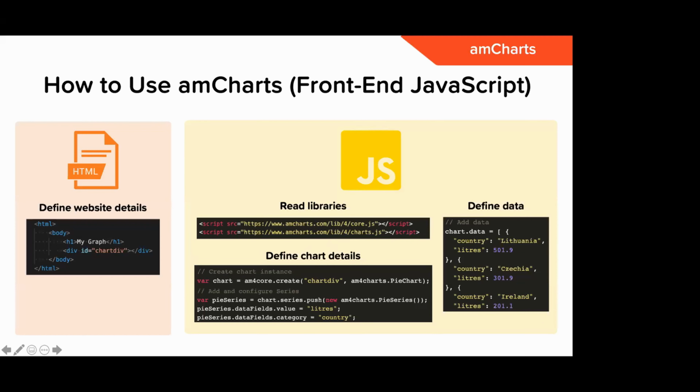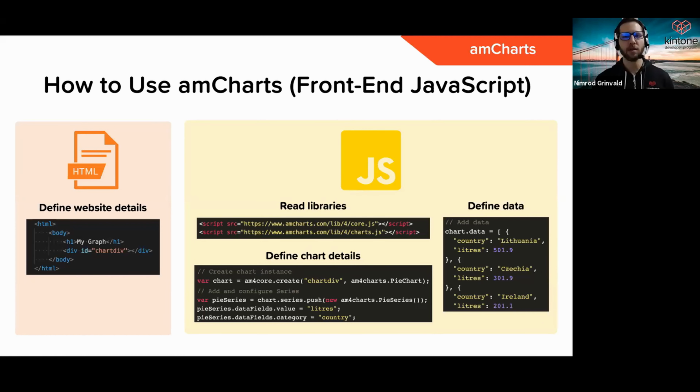We've then got to define in the JavaScript the details of the chart and define the data, and hook that into a div or something on the HTML side, so that this JavaScript knows what element to operate on and do stuff with. So all these four things need to happen typically on the front end.